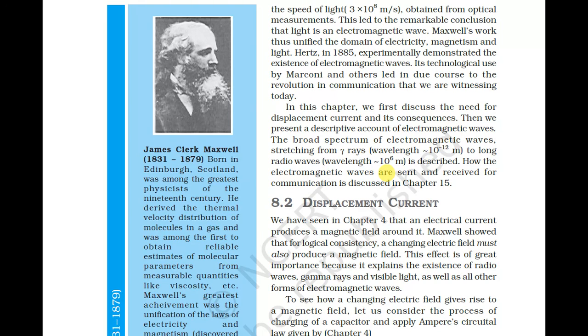Then we present a descriptive account of the electromagnetic waves, the broad spectrum stretching from gamma rays, with wavelength 10 raised to minus 12 meter, to long radio waves, with wavelength 10 raised to 6 meter. How electromagnetic waves are sent and received for communication is discussed in chapter number 5.